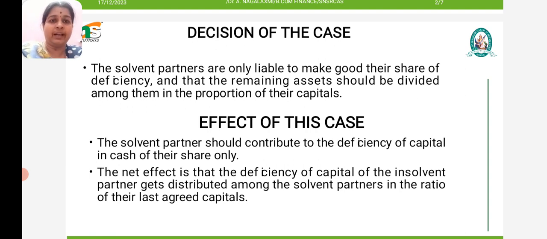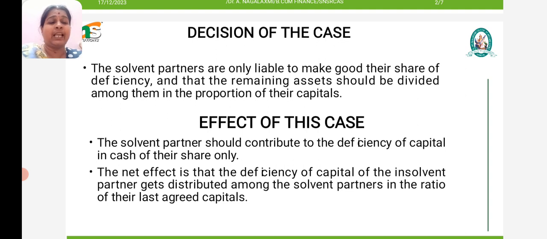Second effect, the net effect is that the deficiency of capital of the insolvent partner gets distributed among the solvent partners in the ratio of their last agreed capitals. That means, see, three partners were there. The deficiency is to be borne by three partners.